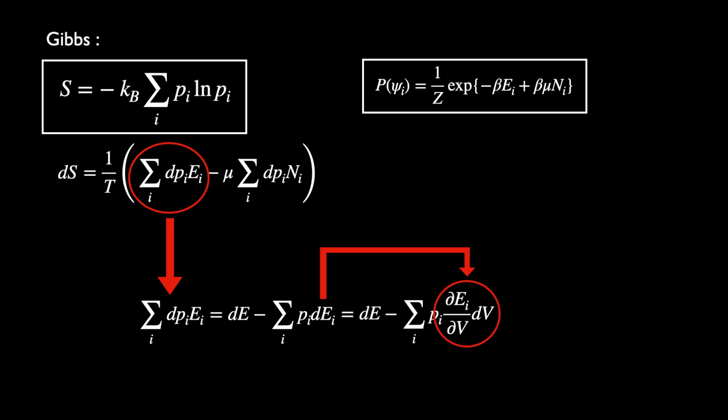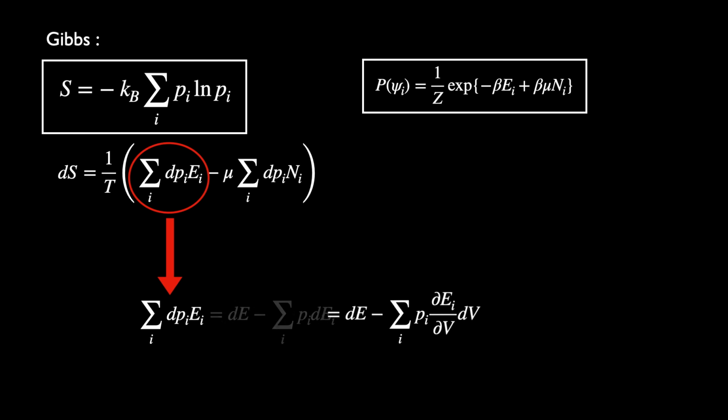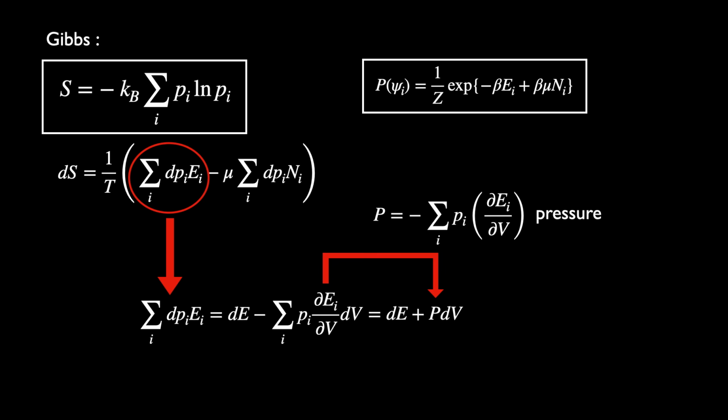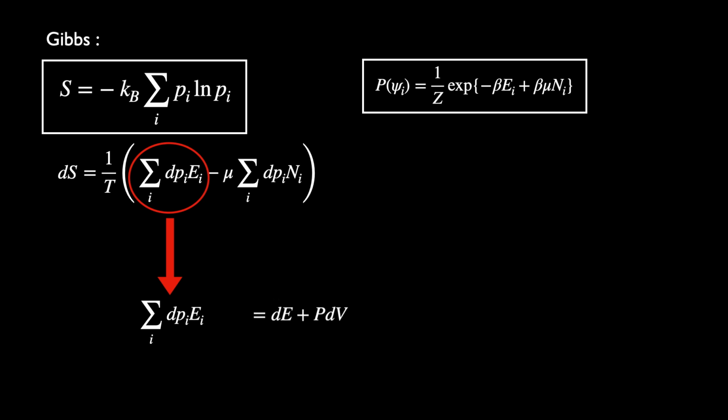Recall that E_i has a volume dependence. Using the earlier definition for pressure, we could write minus sum over i P_i dE_i/dV as pressure P. This means the first term within the bracket is equal to the change in energy plus work done by the system.